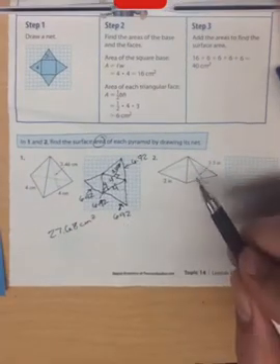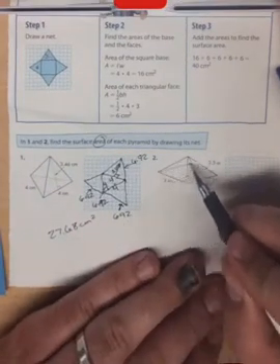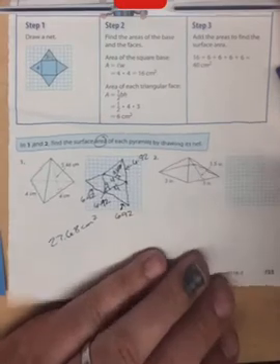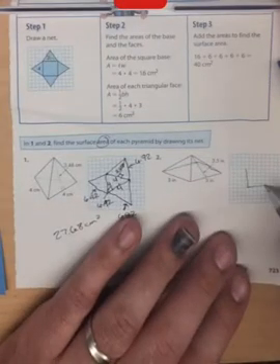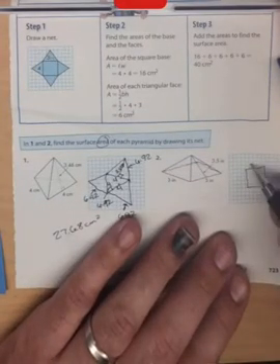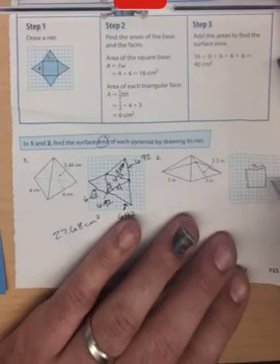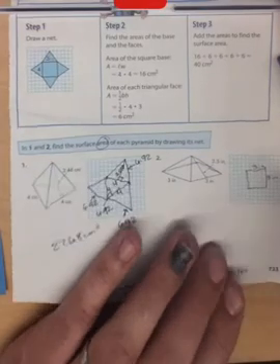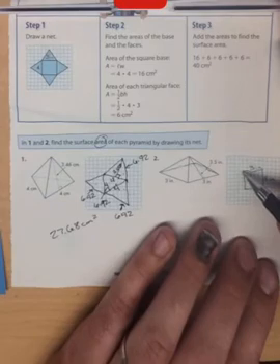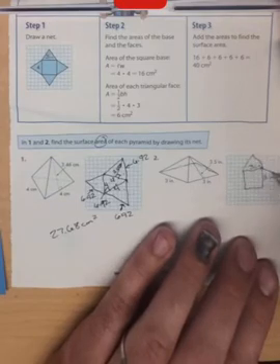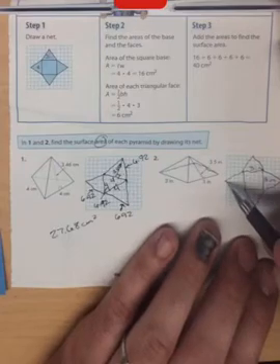This one you have to see is a rectangle on the bottom. It forms a square. The square is 3 inches by 3 inches. Then each of the triangles comes off of it to form the pyramid.